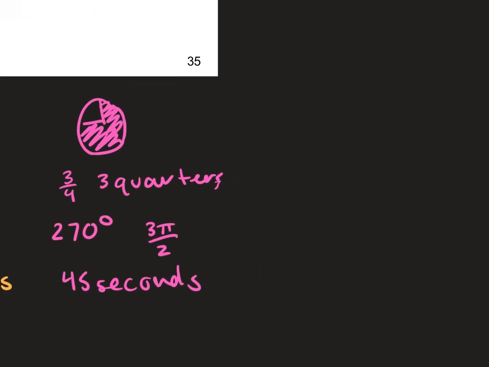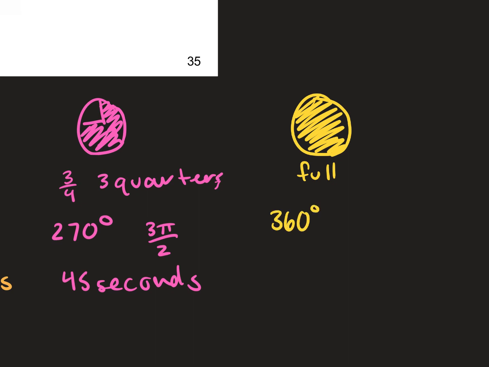And then the last one would be the whole thing, a full rotation. How many degrees? 360. How many radians? 2 pi. And how many seconds? 60 seconds.